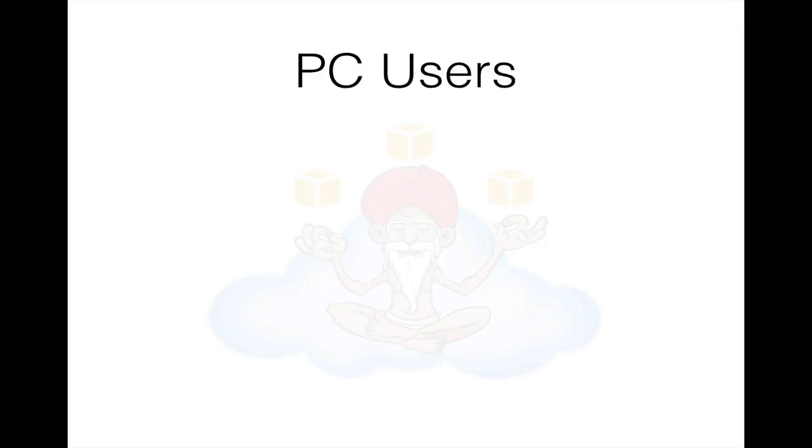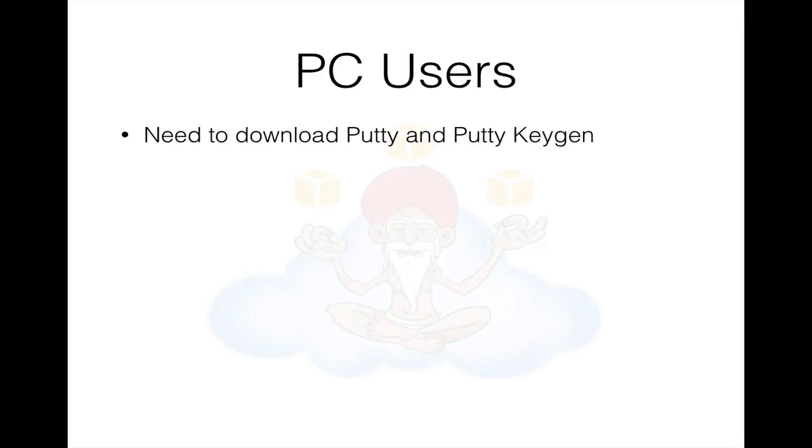PC users, basically you're going to need to download 2 programs. One's called PuTTY, which is your SSH terminal, and the other one's called PuTTY Keygen. And what PuTTY Keygen does is it turns your PEM file, which is a private key that Amazon will give you to access your EC2 instances, into a PPK file, which is Windows compatible.